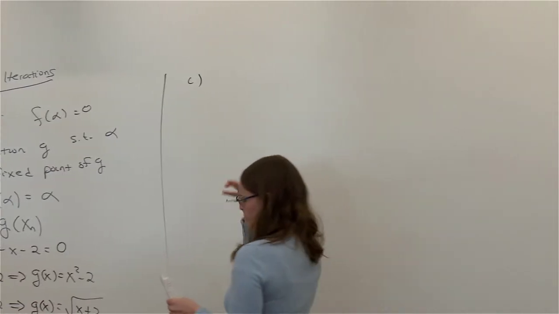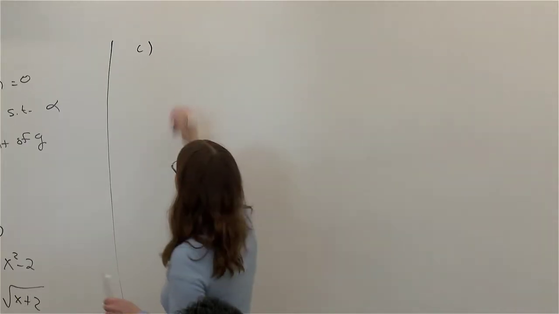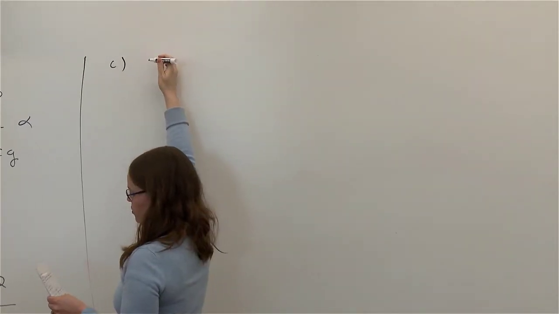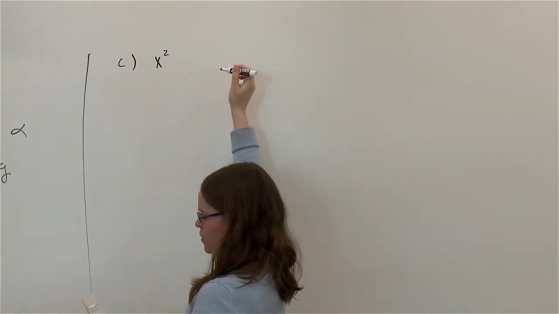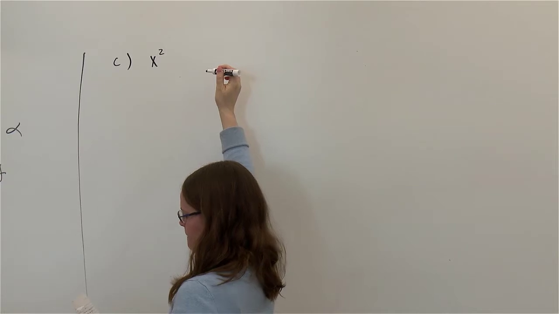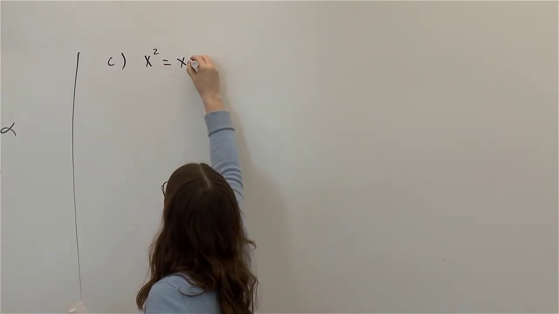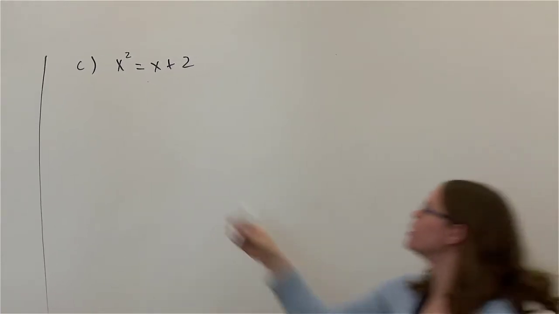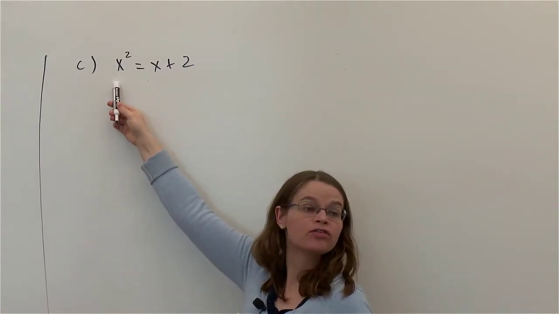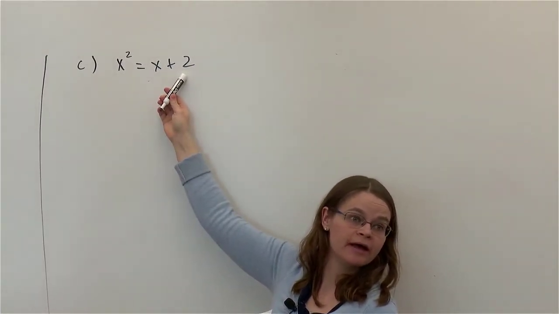So I could say, let's see, x squared equals x plus 2. And then another way to solve for x here, before I took the square root, I could simply divide both sides of this equation by x.